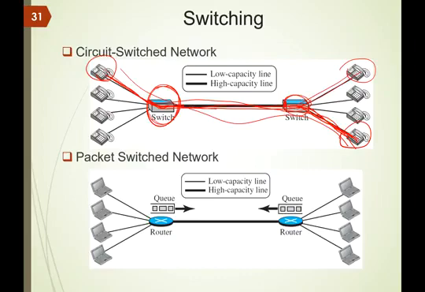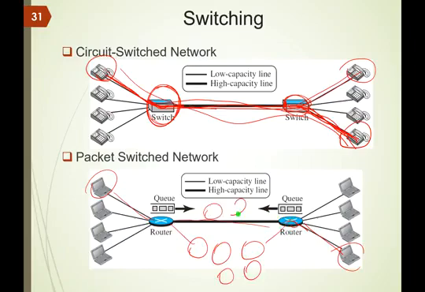In packet switch, we don't have an established circuit. So we have packets. We send packets. For example, this one wants to communicate to this. We send packet. The router will send the packet, and then the router here will send the packet. There is no fixed link. So if you have many routers in between, let's say something like this, there are many links from source to destination.